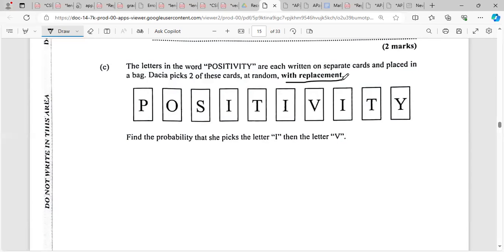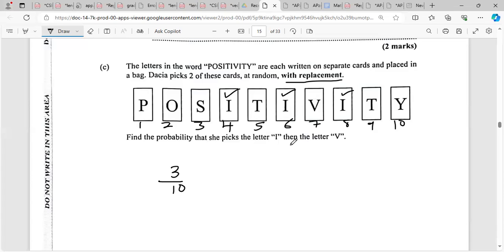Find the probability that she picks the letter I and then the letter I. So I'm looking for the probability for I. We need the denominator: we have 10 letters. How many are I? 1, 2, 3. So we have 3.